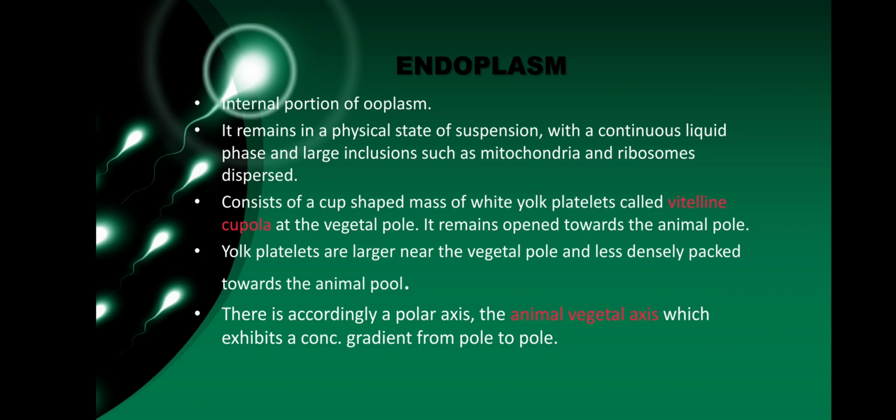The yolk platelets are large near the vegetal pole and less densely packed towards the animal pole. Thus, accordingly, there is a polar axis, the animal-vegetal axis, which exhibits a concentration gradient from one pole to the opposite pole.